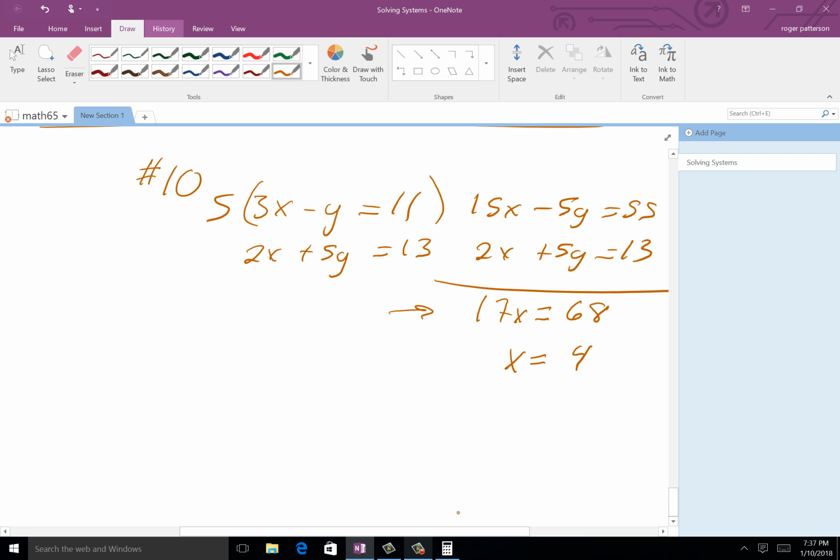That's x, so we've got to find y. So now what do we do? Plug in that 4 into one of the equations on top. 2 times 4 plus 5y equals 13.